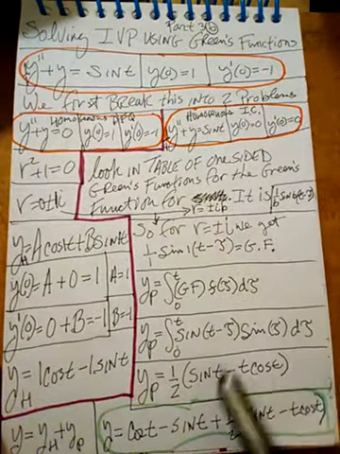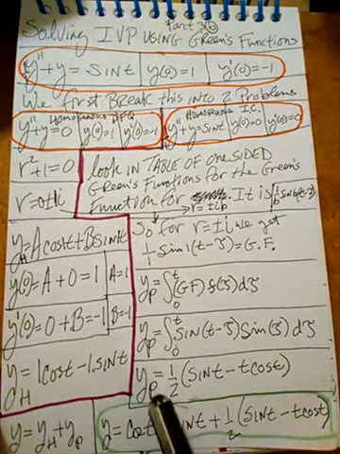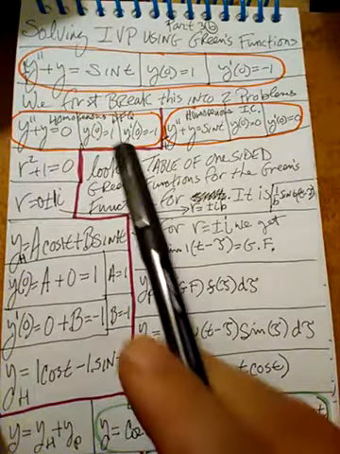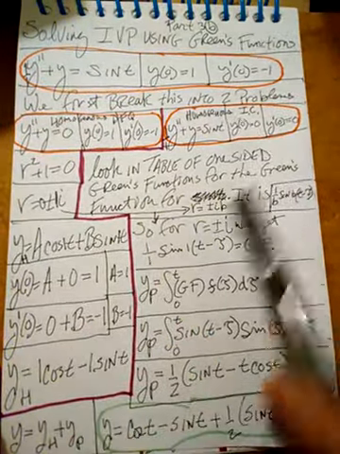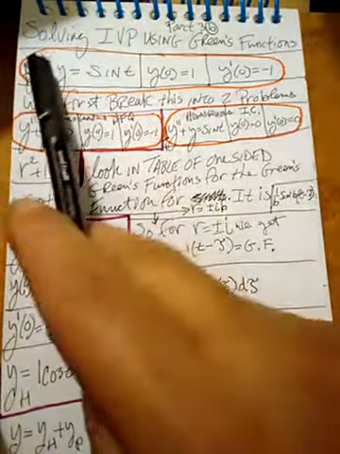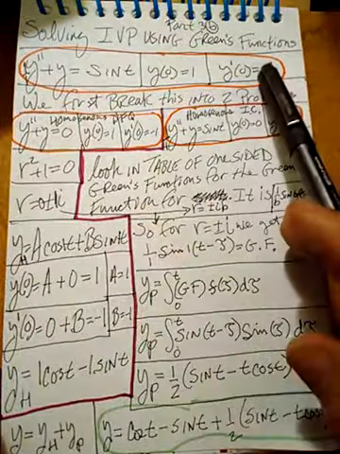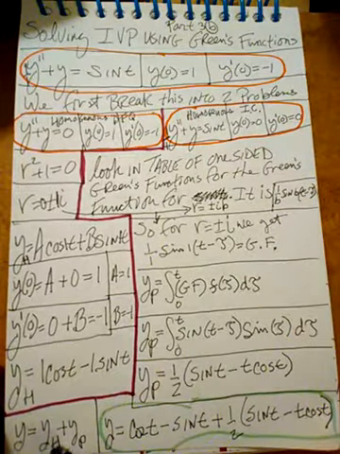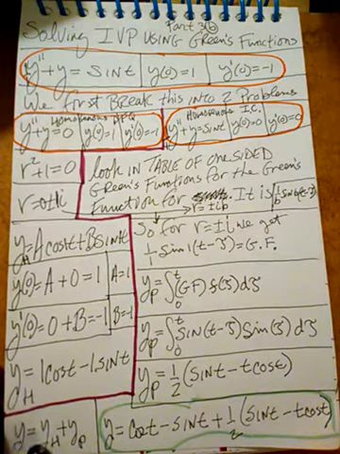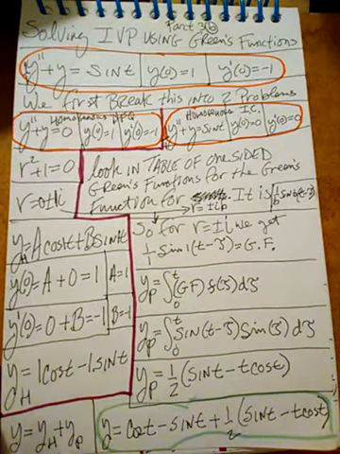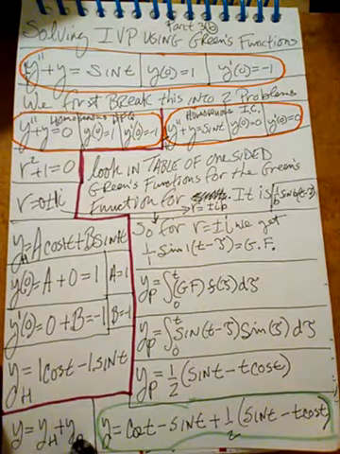Why did we do all of that work? Once we have y particular, we've solved this differential equation and this differential equation, and those two represent this original differential equation. y general is equal to y homogeneous plus y particular.